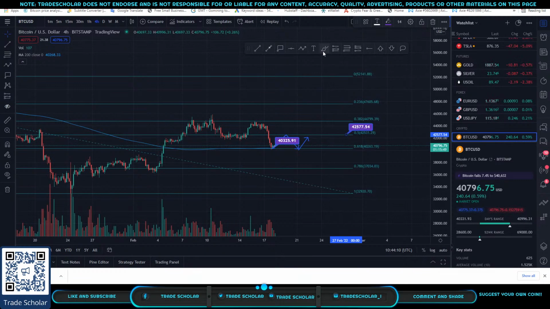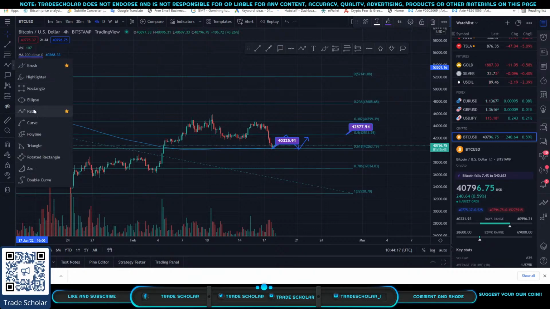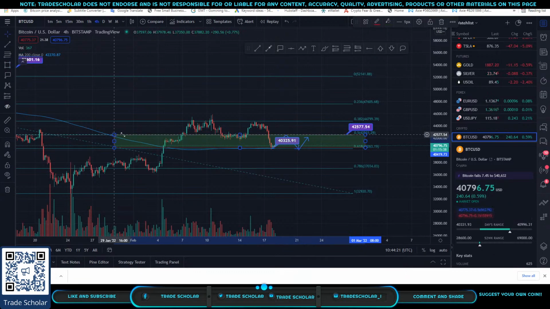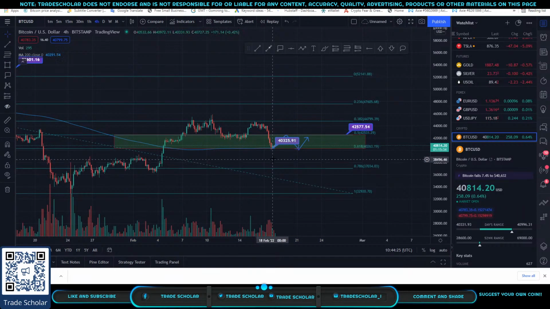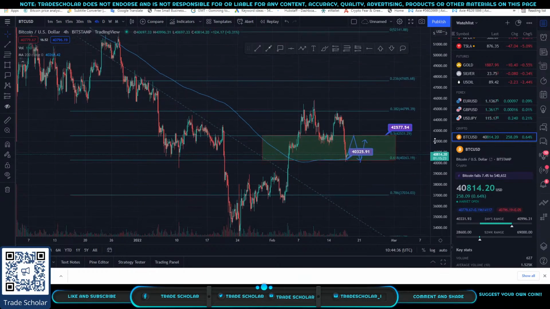This is our zone. We most probably gonna stay in this zone right up to Sunday. If we break it to the upside, then well and good, but if not, then we're gonna continue to consolidate in this area.